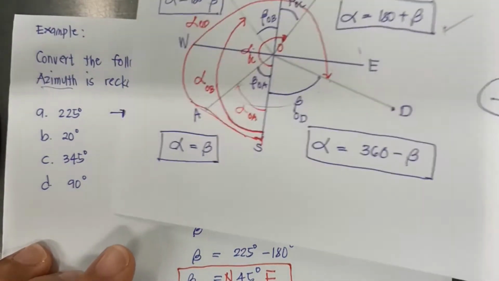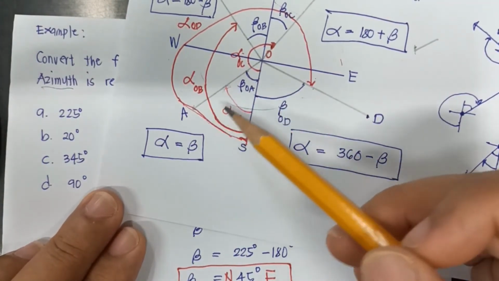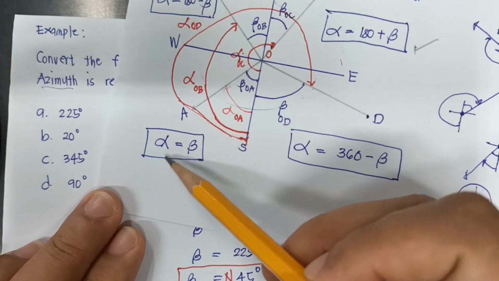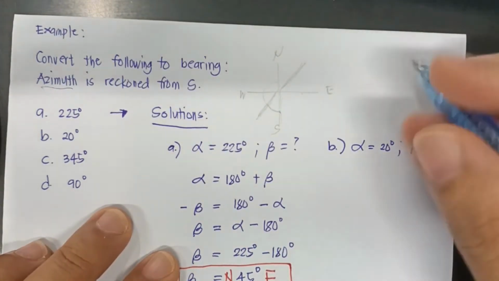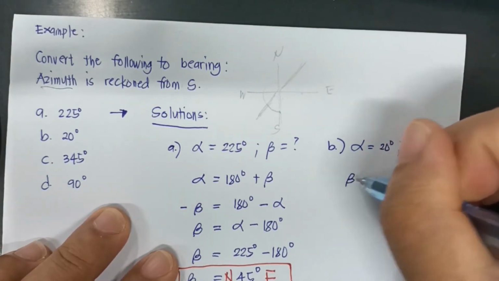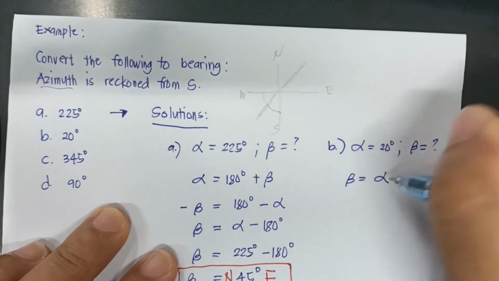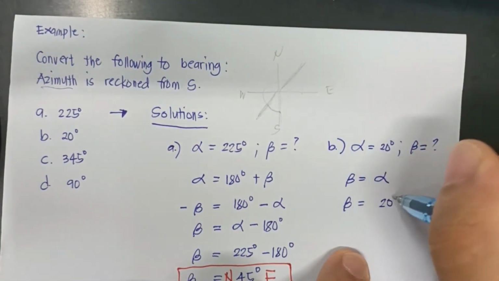Recall that if it falls in the southwest quadrant, the bearing angle and the azimuth are just equal, so there's no need to show the solution. Therefore, beta is equal to alpha, or beta is equal to 20 degrees.